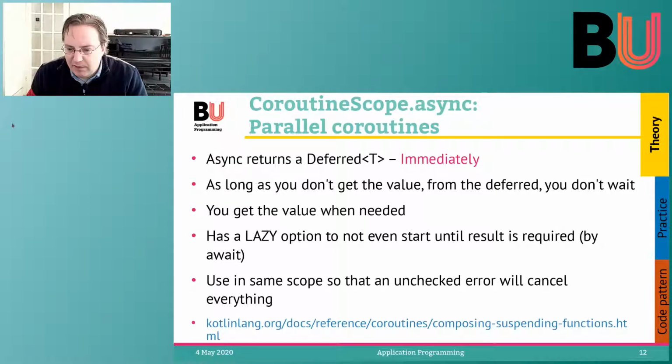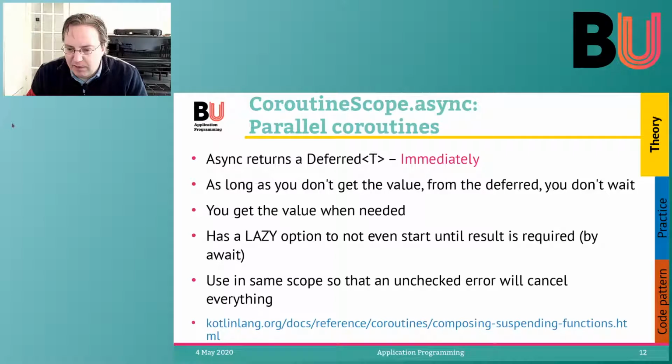And like I said, there is a lot of configurability in coroutines. One of them is that when you call async, you can pass it the lazy parameter that makes it wait to start until it is actually awaited. So it will not even be scheduled for execution until there is some code that tries to get the value.